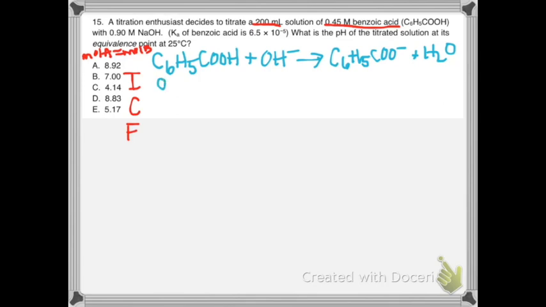So this works out to be 0.09 moles of the benzoic acid, which means that we need to add 0.09 moles of the base, or hydroxide. And then because we have equal amounts, both of them will react completely.